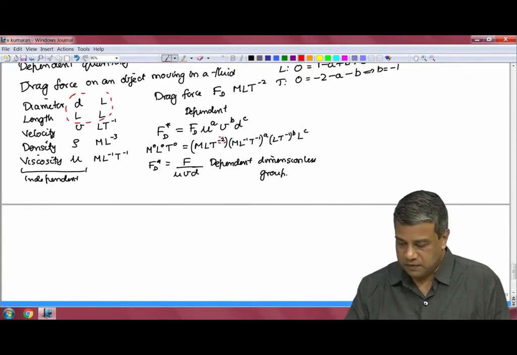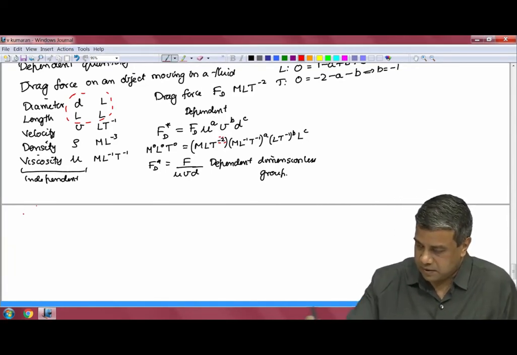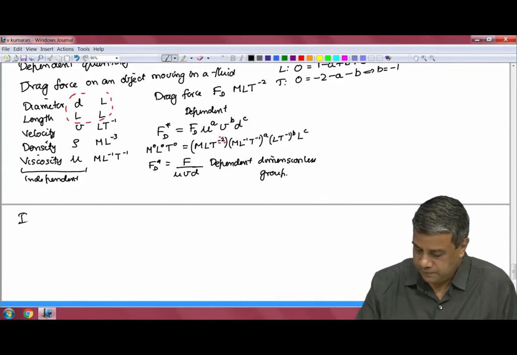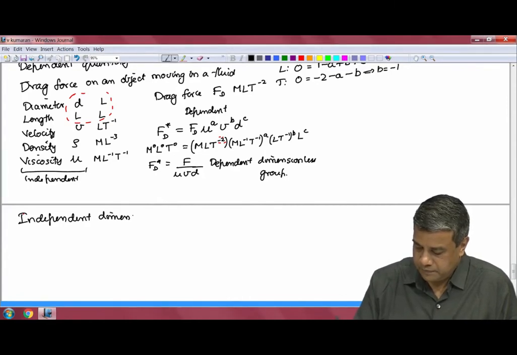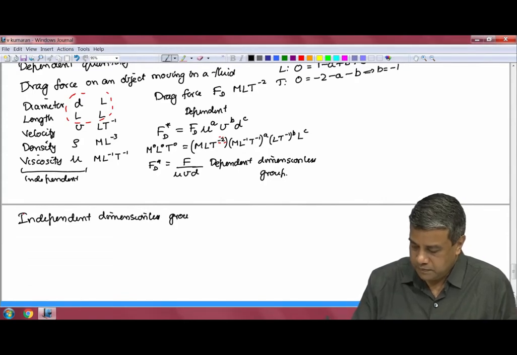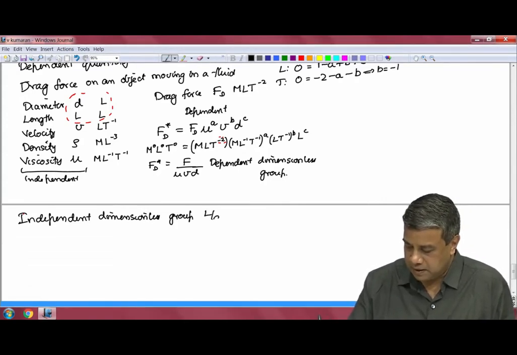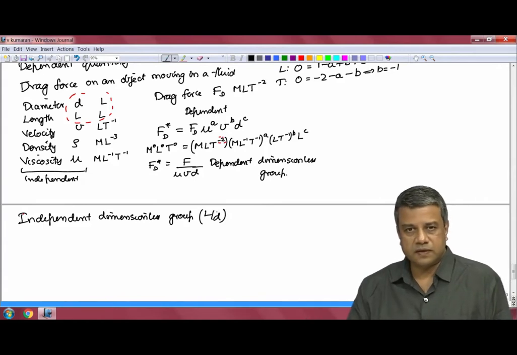Therefore, one of the independent dimensionless groups I can straight away get, which is L by d, the ratio of the tank size and the particle size.